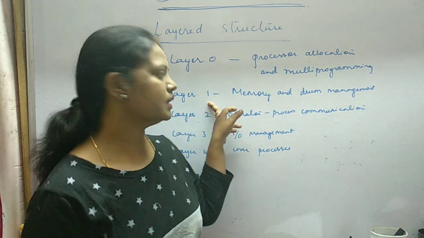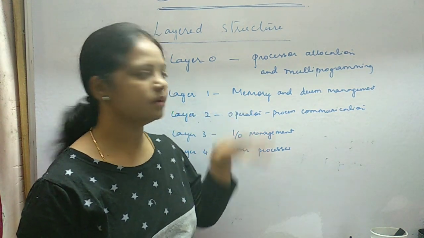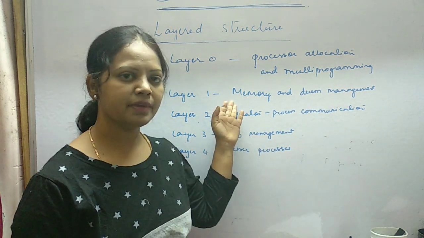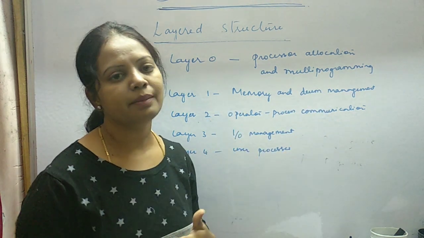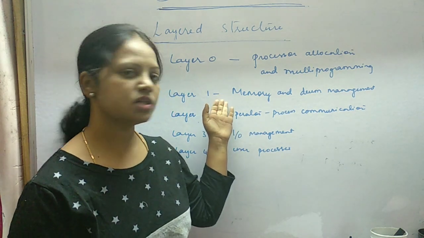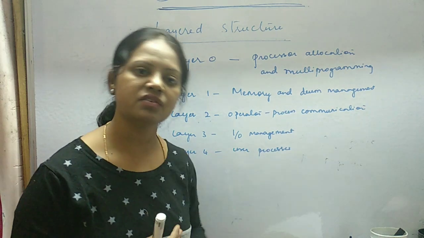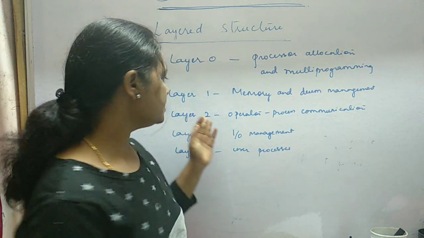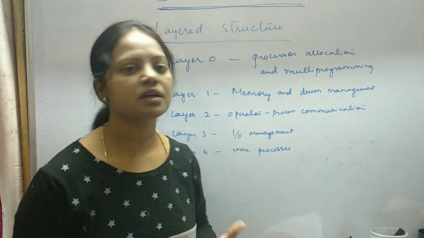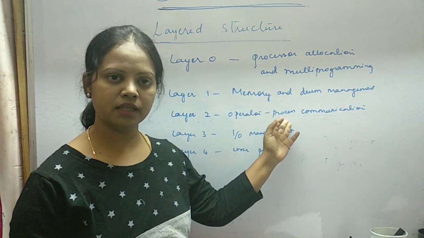So layer 1 in the multi-programming system will perform memory and drum management. That is, it implements a memory hierarchy consisting of memory and a drum, which is a secondary storage device. Layer 2 will implement communication between the operator and the process.